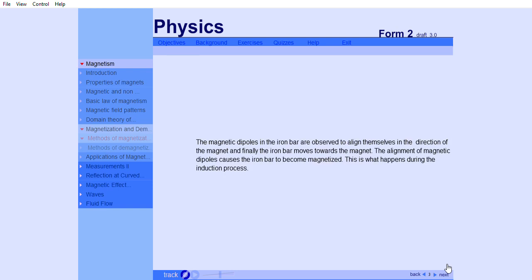The magnetic dipoles in the iron bar are observed to align themselves in the direction of the magnet, and finally the iron bar moves towards the magnet. The alignment of the magnetic dipoles causes the iron bar to become magnetized. This is what happens during the induction process.